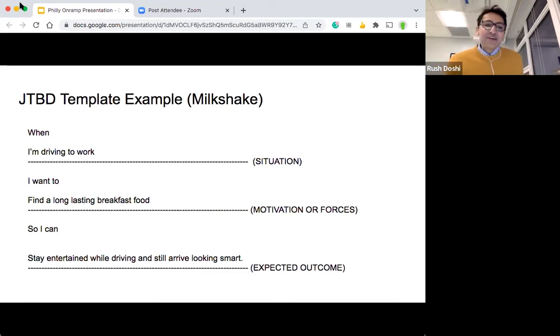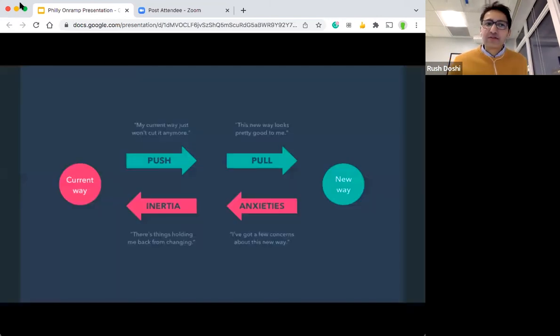Well, I'll continue on to an extension of jobs to be done around forces. And this is another thing for you to think about as you're thinking about your idea, the unmet need and the solution. You have to, again, put yourself in the mindset of the customer, right?